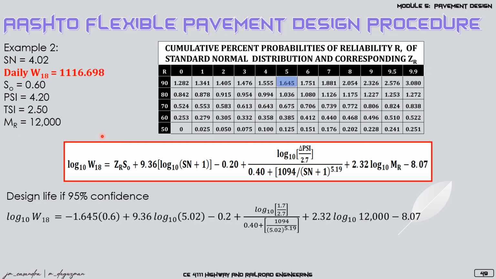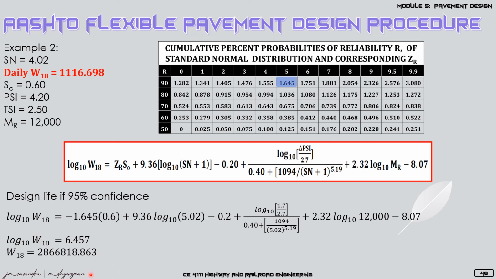Substituting, we have ZR negative 1.645 times 0.6 SO. SN is 4.02 plus 1. The PSI difference is 4.2 minus 2.5. So SN plus 1 is 5.02. MR is 12,000. So we'll now be able to get log of W18 as 6.45.